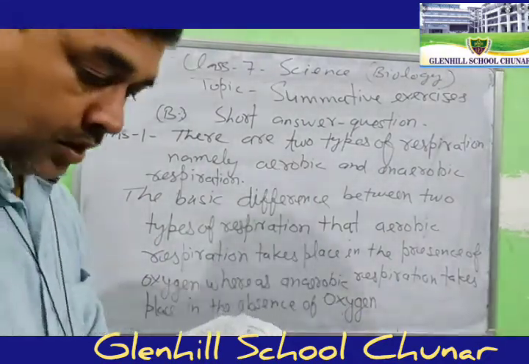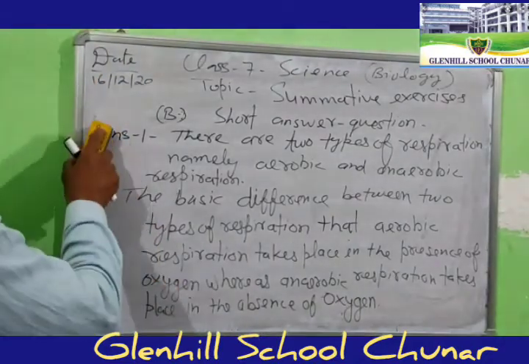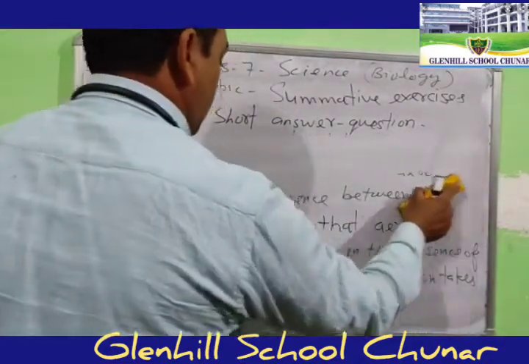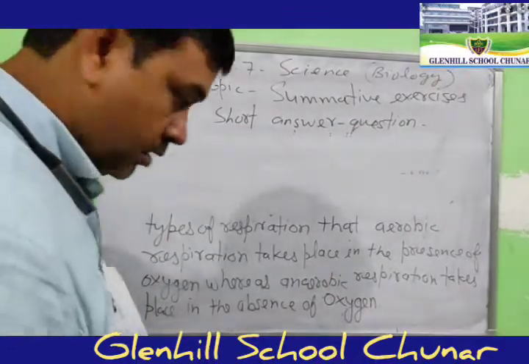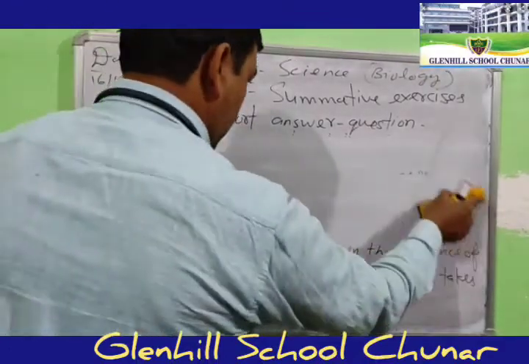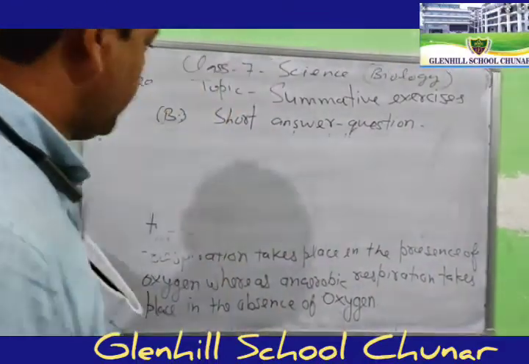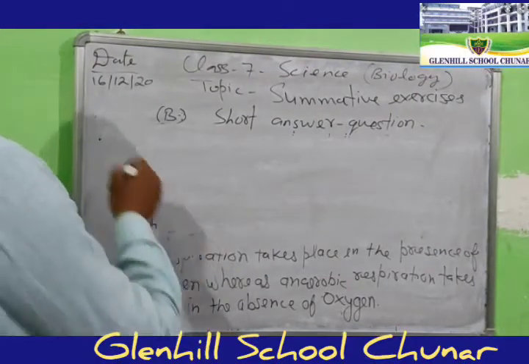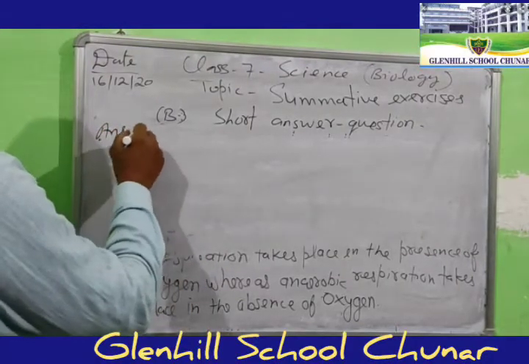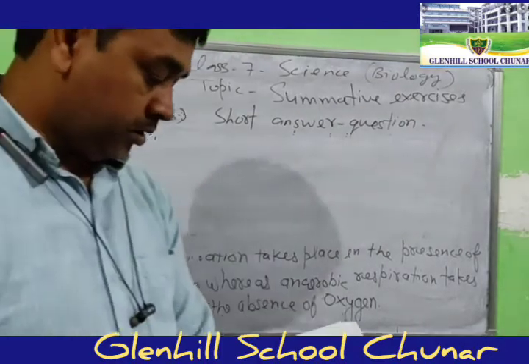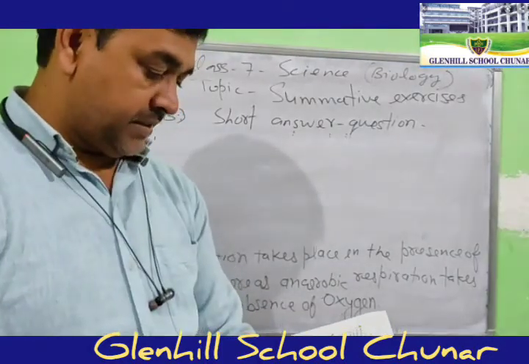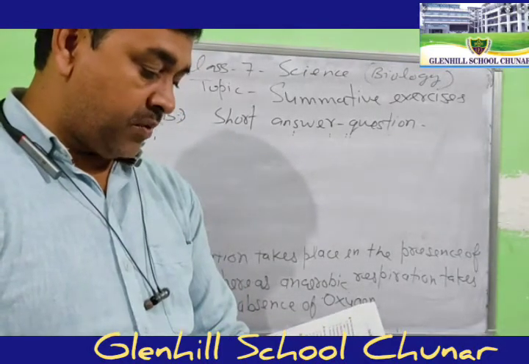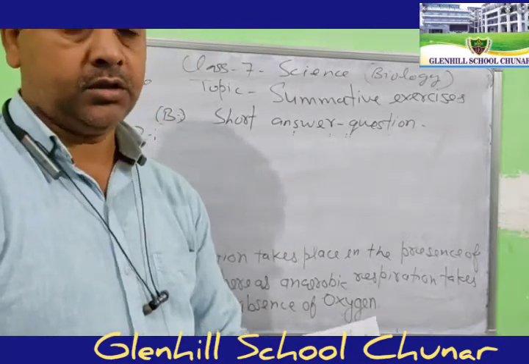Now, the second question. I will complete it in this space only. Second answer. I am going to read the question. What happens to the ribs and the diaphragm during inhalation and exhalation?